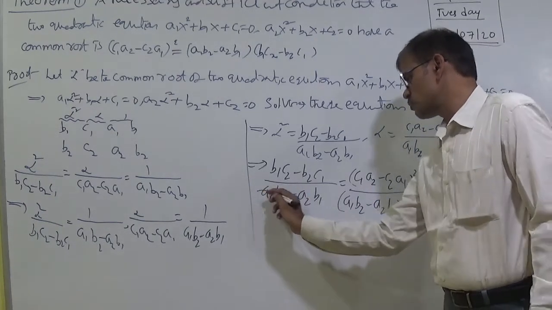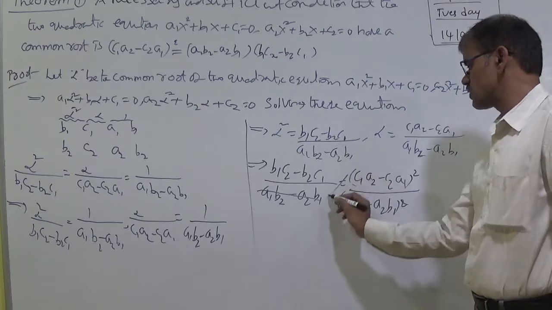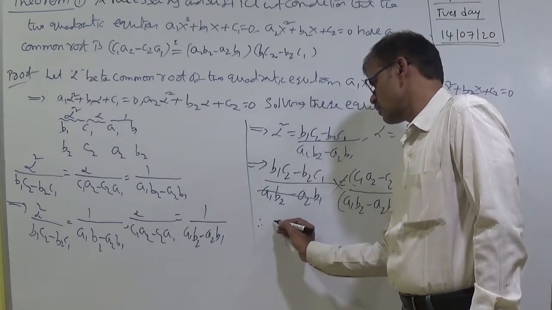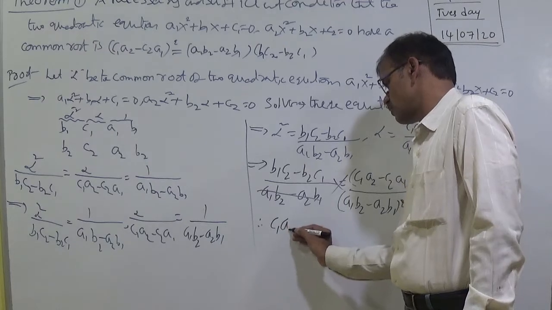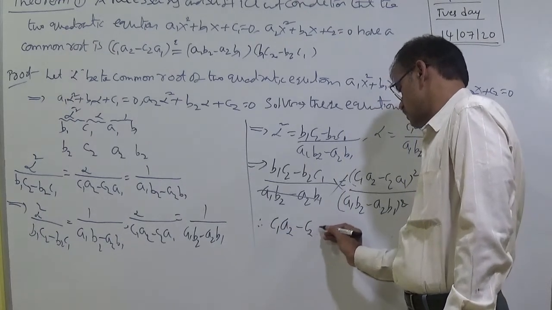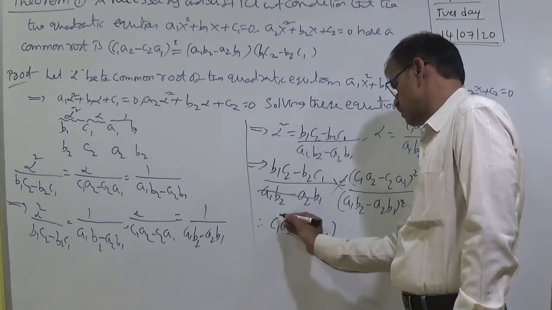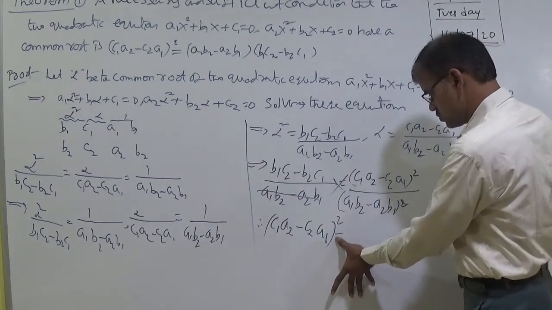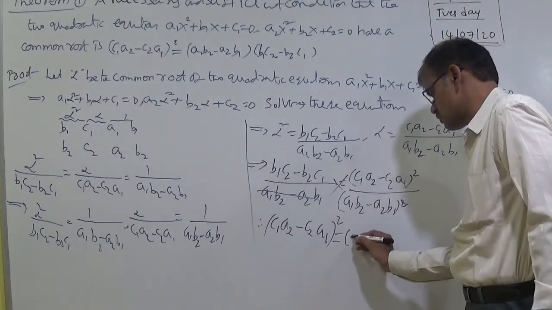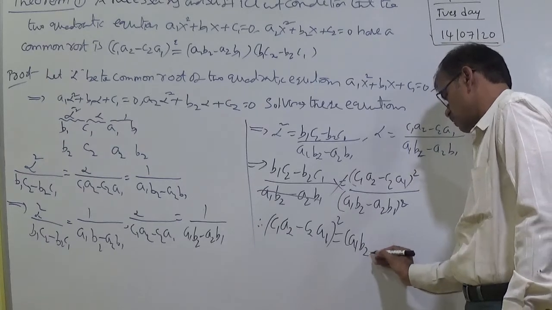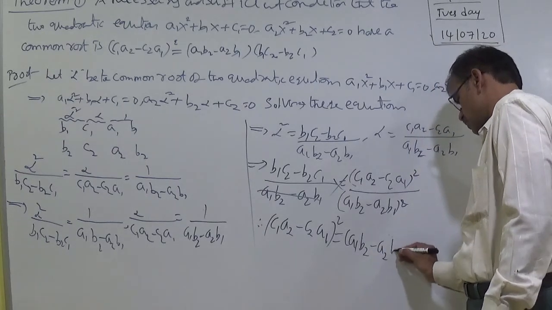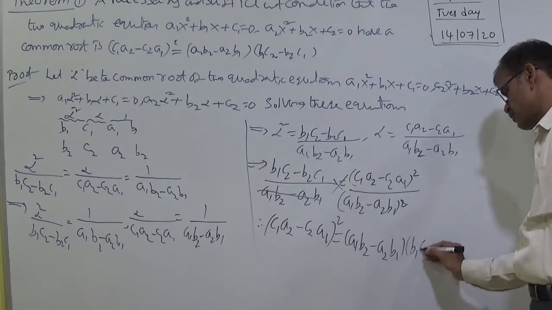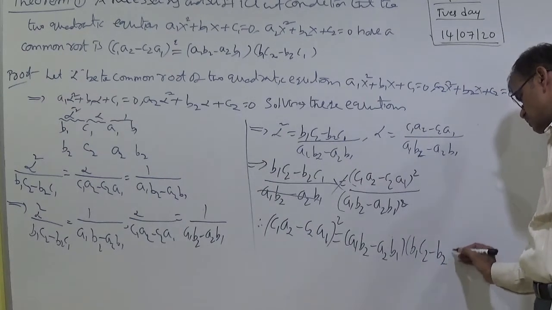One a1b2 minus a2b1 factor gets cancelled, and by cross multiplication we get the common root condition: c1a2 minus c2a1 whole square is equal to a1b2 minus a2b1 into b1c2 minus b2c1.